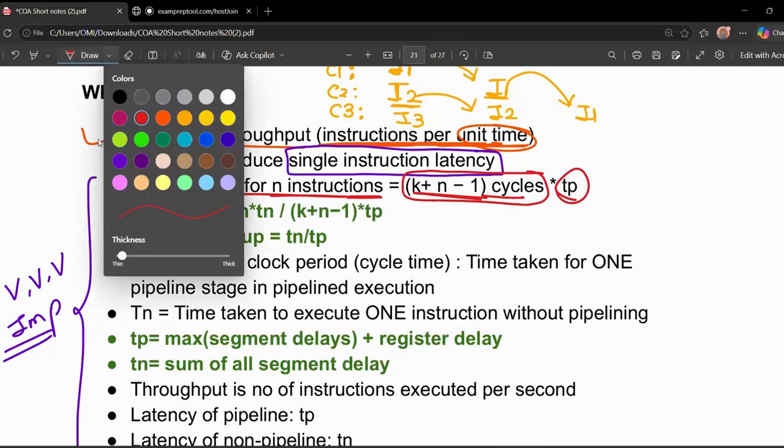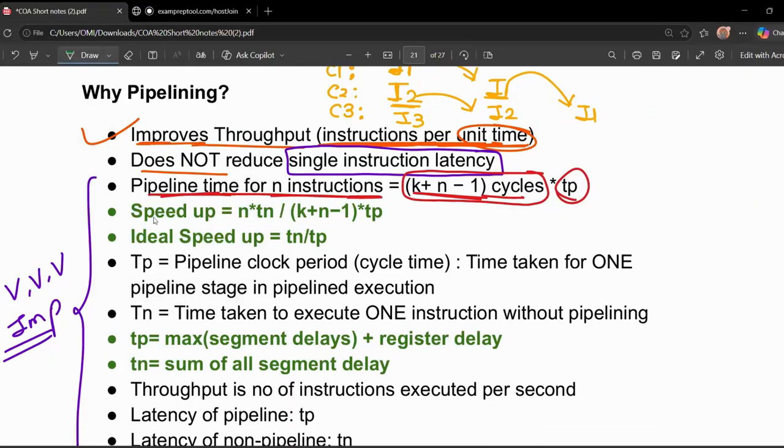The speed up formula is the speed up of pipeline over non-pipeline. Then only can you use this formula.